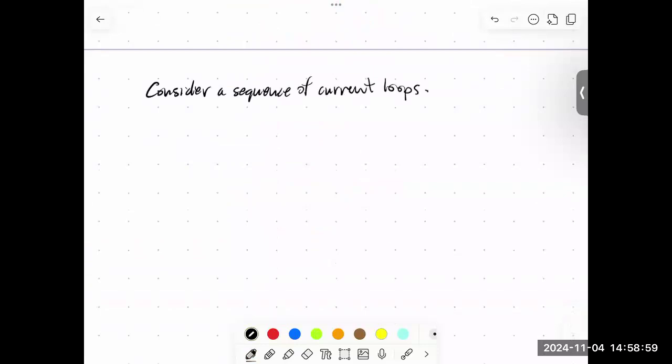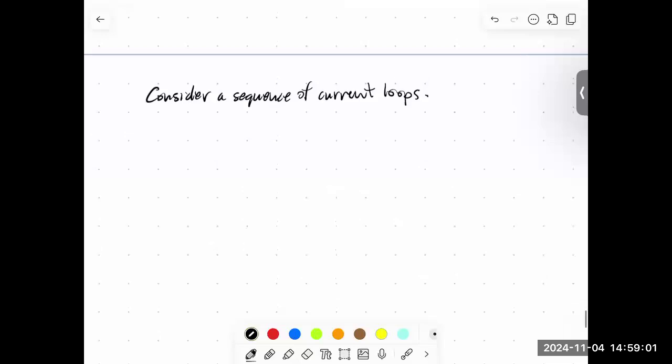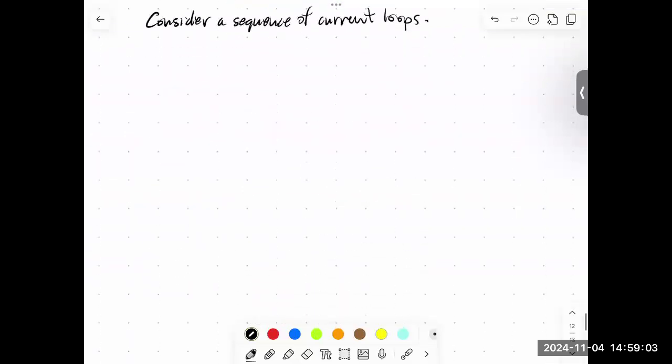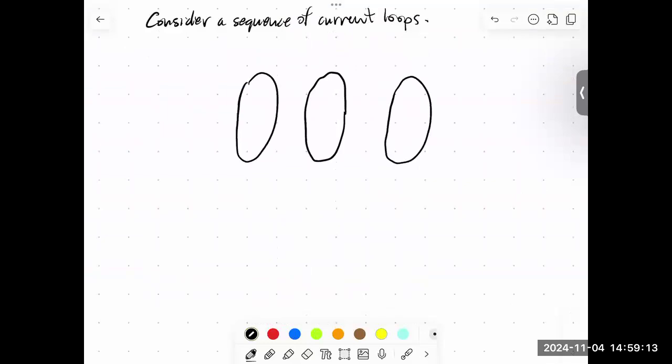And so we'll draw 3 of them. And I'll draw them in the same orientation as before. So draw one here. We'll draw another one here and another one here. There we go. All right.